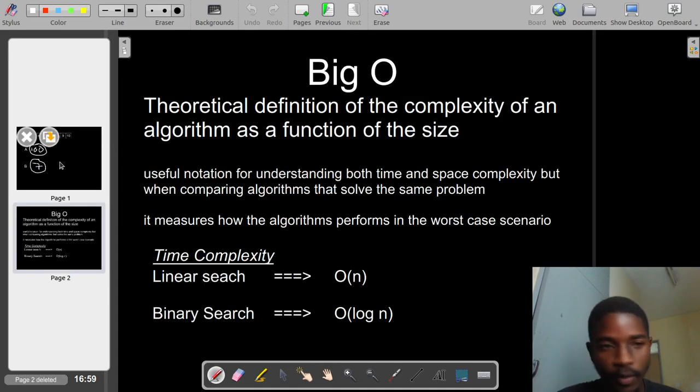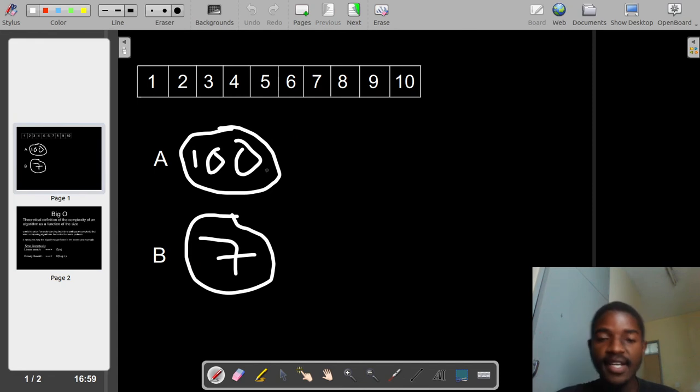So let's go on to what we were looking at. In the last example we had, the list went from 1 up to 100, and our worst case scenario was searching for 100. Linear search took 100 tries, which is the worst case scenario. But in that worst case scenario, binary search took 7 tries.